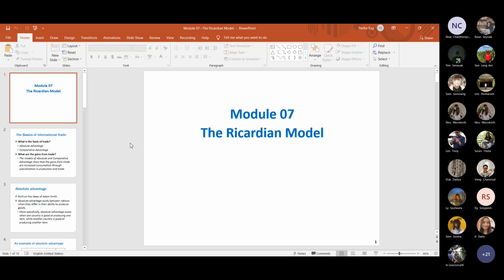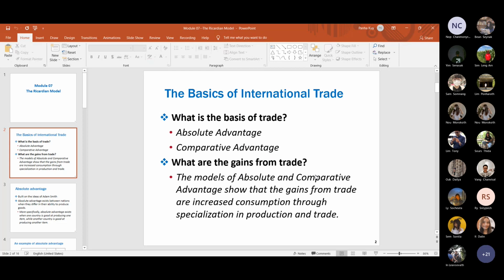So now we move to one of the series, which is the very beginning, the classical theory, called Ricardian Models. This is the basics of international trade.